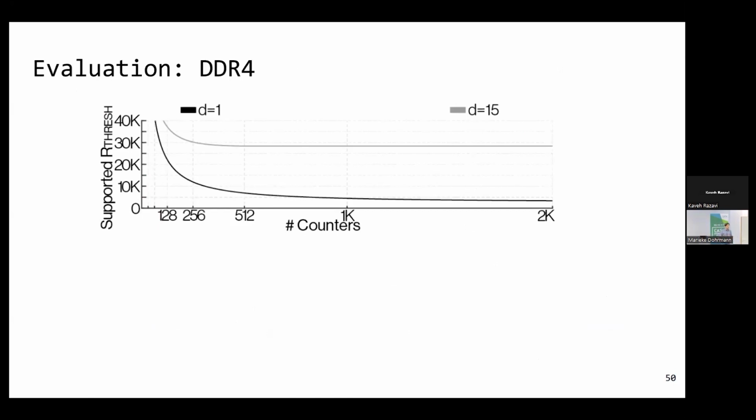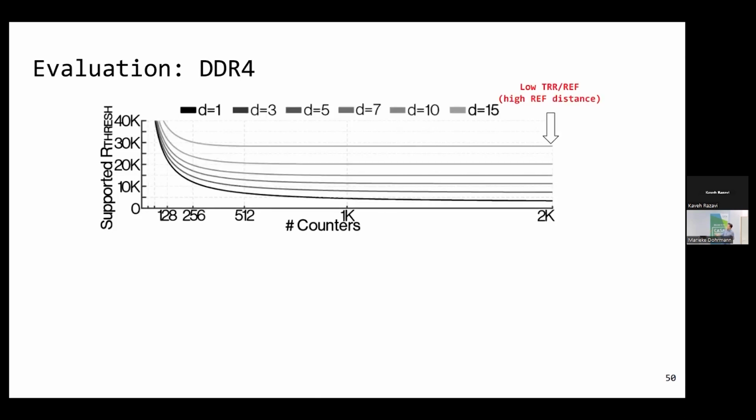If D is 1, it means that every refresh command will do a TRR mitigation. And if it is 15, it means that every 15th refresh command it would do a TRR mitigation. So you can see, of course, if you only do TRR very rarely, you can only protect a device that has a threshold of 30K or so. We also have all the other possibilities in between.